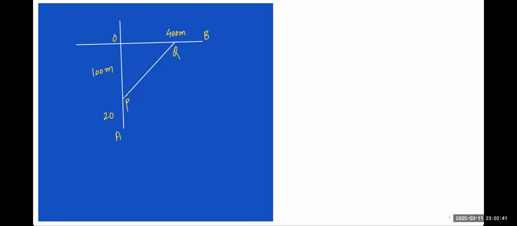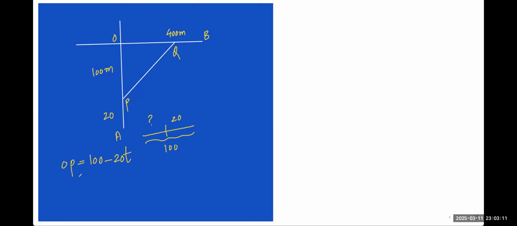Then how much does this OP become? We simply subtract now: 100 minus 20. It is asking to express in terms of T. So our OP value is 100 minus 20T.